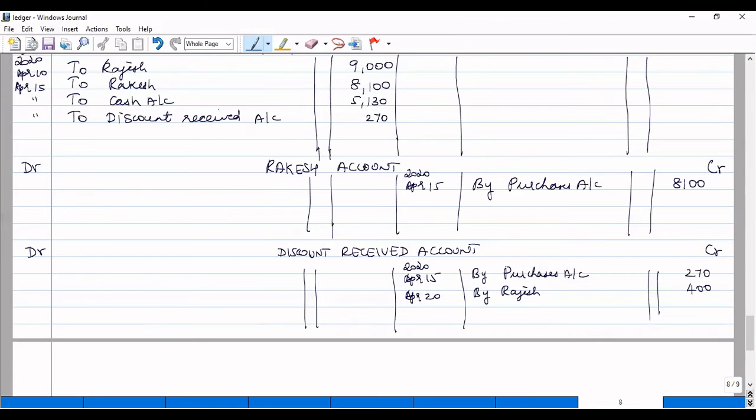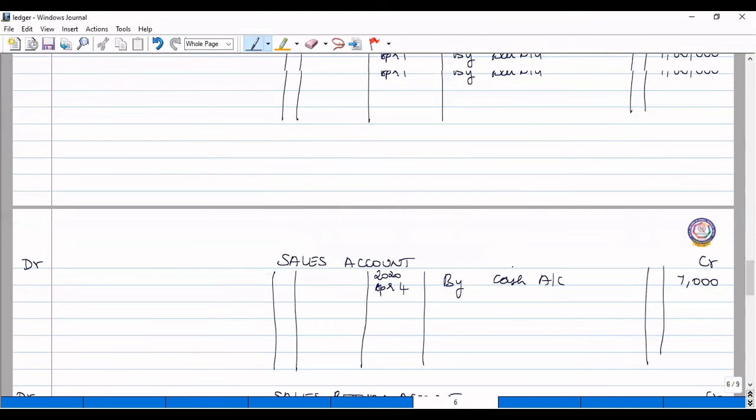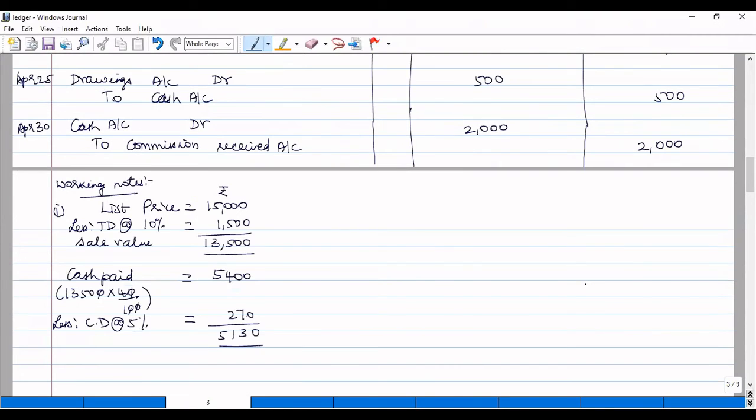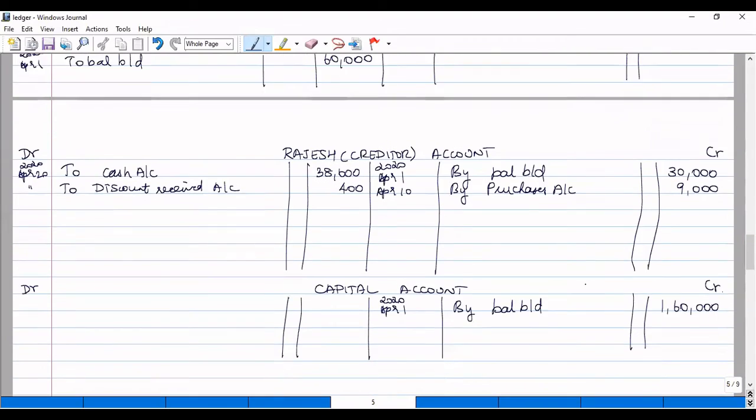Right? Now coming to the last 25th transaction, we have life insurance premium paid for the proprietor. Okay, cash is decreasing, so cash account is credited, and drawings is made, so drawings account is debited. So far we have not opened an account for drawings, so now first we will open an account for drawings.